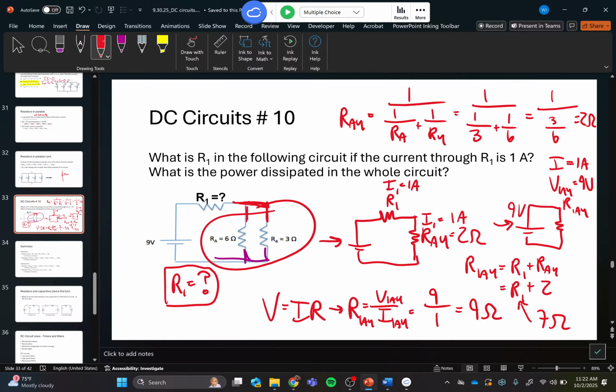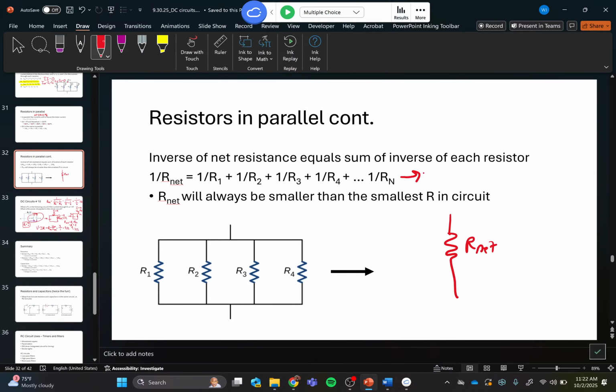I'm going to go back to this slide and write this out. R net, if you just do the math here, is 1 over R1. If the thing you want is 1 over, algebraically you just do 1 over the other side. Yep, those are equivalent math statements. That's a good question. I skipped that step, but that's the logic.